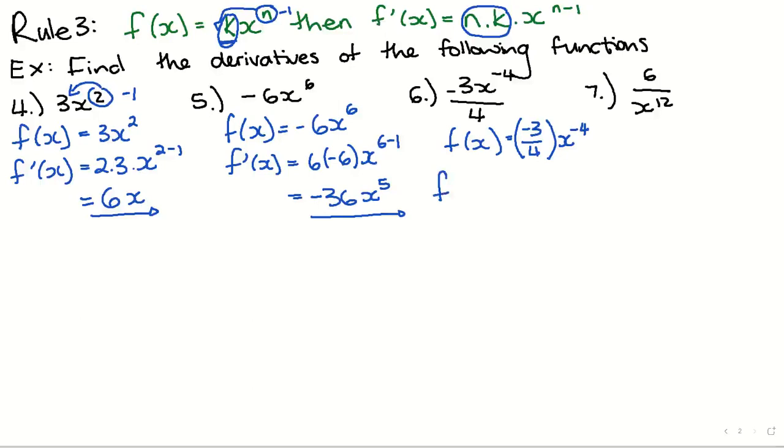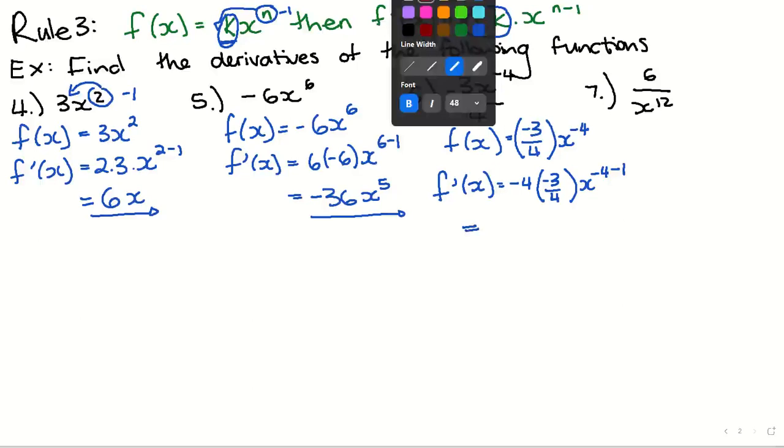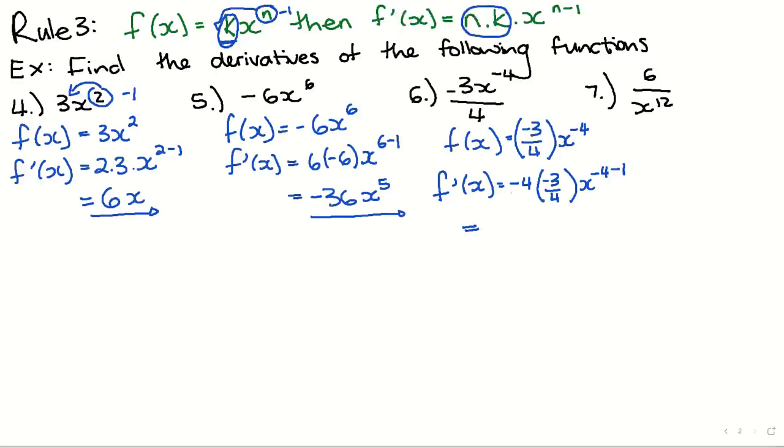So if we had to write this out, the derivative of f(x) is equal to minus 4 times minus 3 over 4, x to the minus 4 minus 1. Remember, we're going to take away 1 from it. So to simplify this, I just want you to remember that minus 4 is the same as having minus 4 over 1.